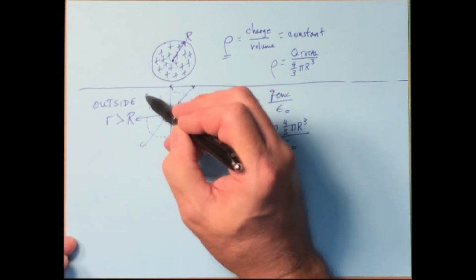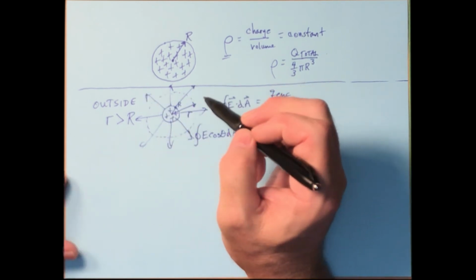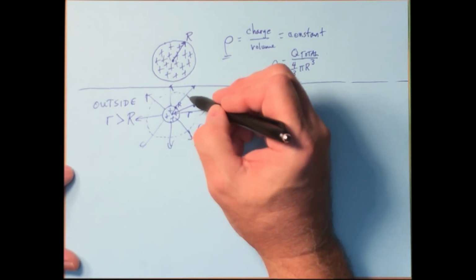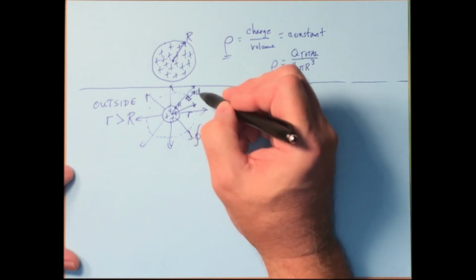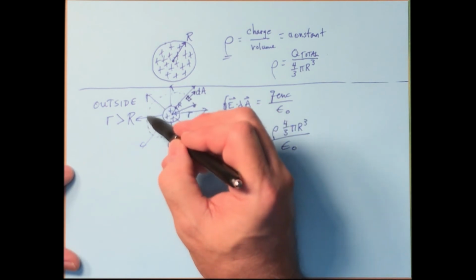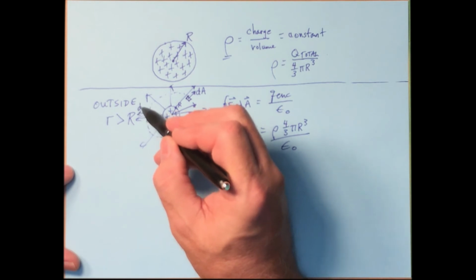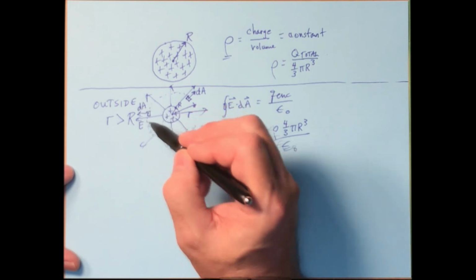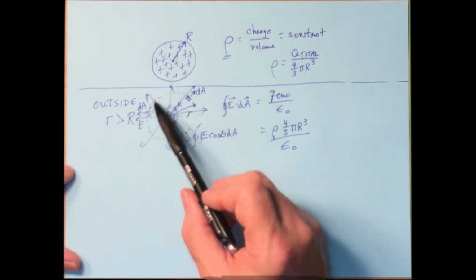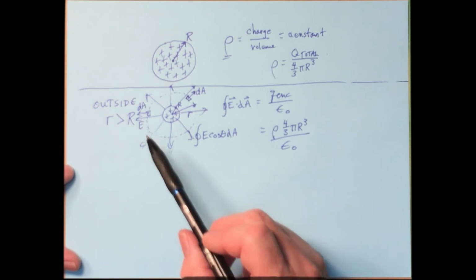So for every point on my Gaussian surface, I will have dA vectors that also point in the same direction, no matter where I'm at on the surface. If I'm over here, I have a dA vector that points radially outward as well, along with the E vector. So the angle between the E vectors and the dA vectors is exactly the same regardless of where I'm at on the surface, and the angle is 0.